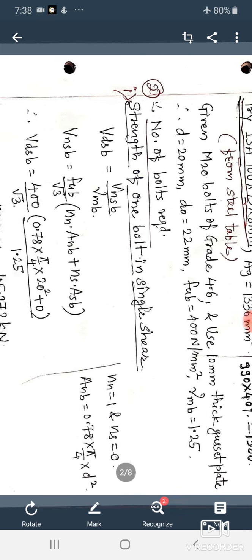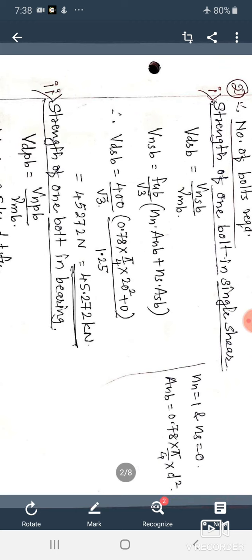Vnsb is equals to fub upon root 3 into nn into Anb plus ns into Asb. Here nn is equals to 1 and ns is equals to 0 since it is a lap joint. After substituting all the values, you will get Vdsb is equals to 45.272 kilonewton.